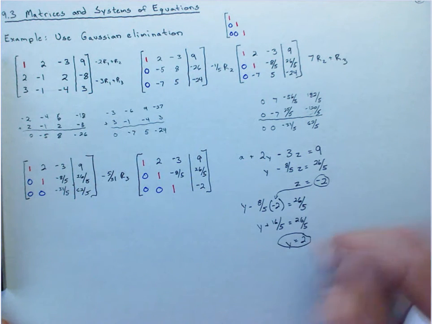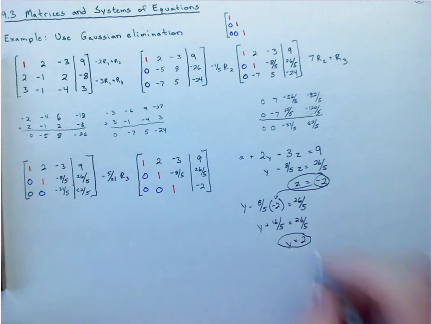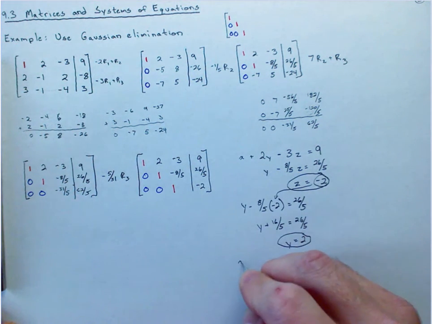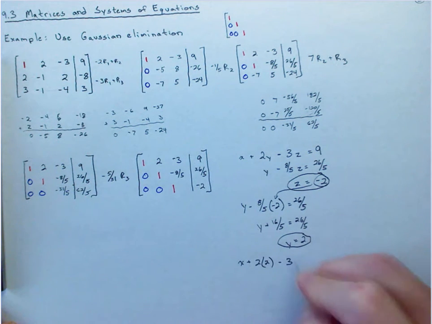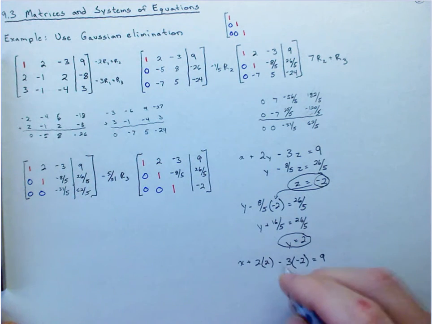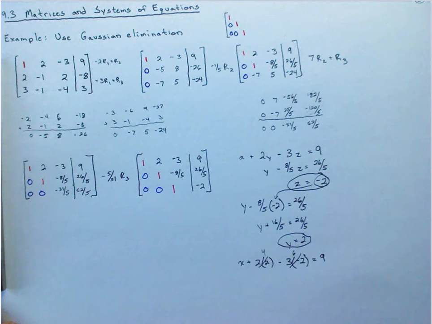So I have the values for y and for z. I take both of those and I plug them into the very first equation. So I have x plus 2 times 2 minus 3 times the negative 2 equals 9. That becomes 4. That becomes 6.